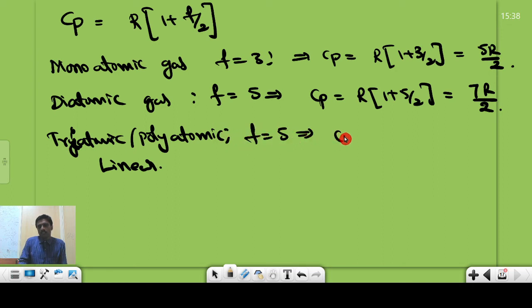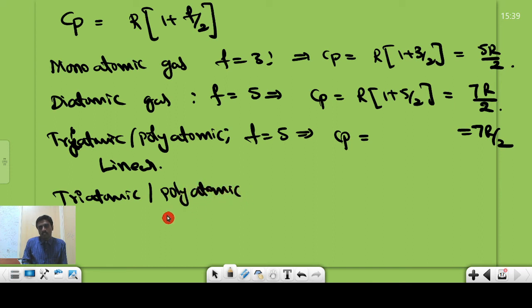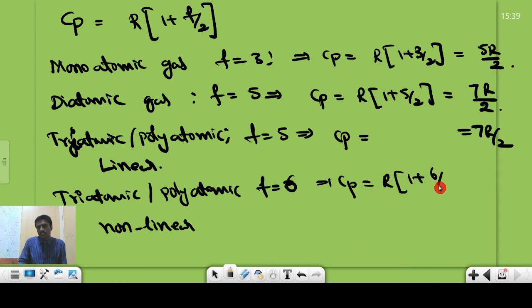Then the Cp value is the same, we get 7R by 2. Then triatomic or polyatomic gas that is non-linear: the degree of freedom is equal to 6. Then Cp is equal to R into 1 plus 6 divided by 2, that is equal to 4R. We get the value 4R.